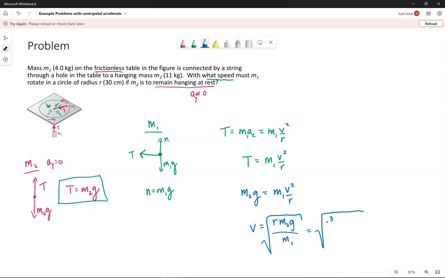So the radius is 3.3 meters. m2 is the hanging mass. It says that's 11 kilograms. g is 9.8. m1 is 4.